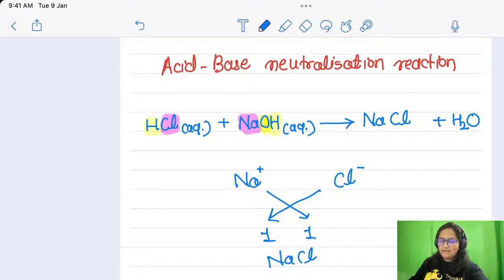NaCl, which is a salt, is sodium chloride. So the salt produced in this reaction is sodium chloride.